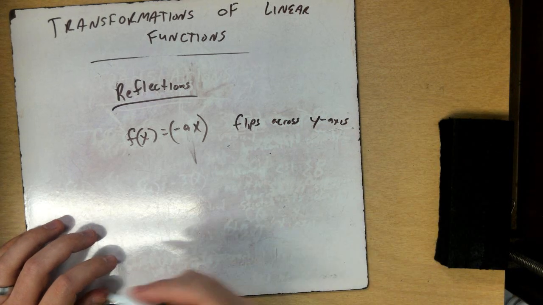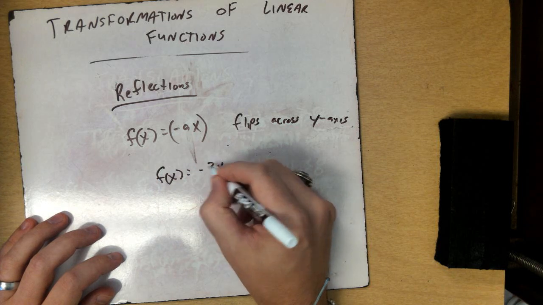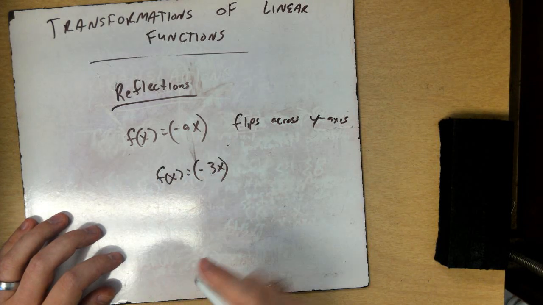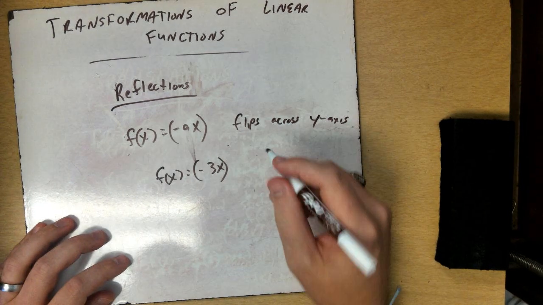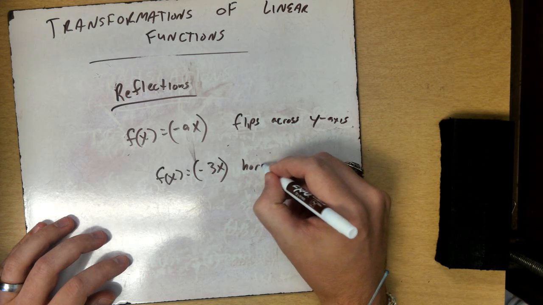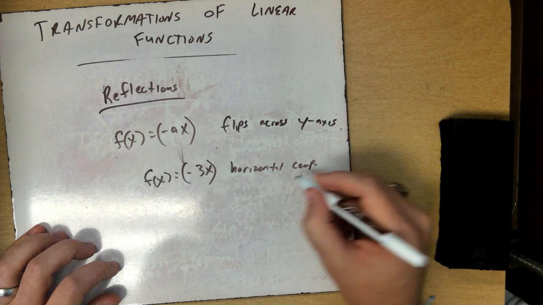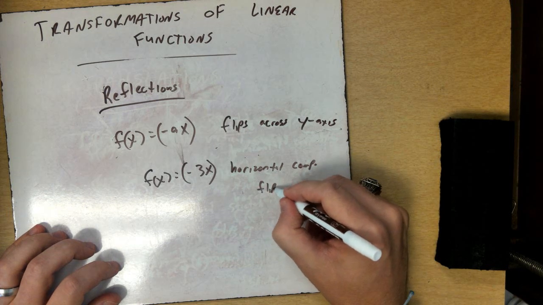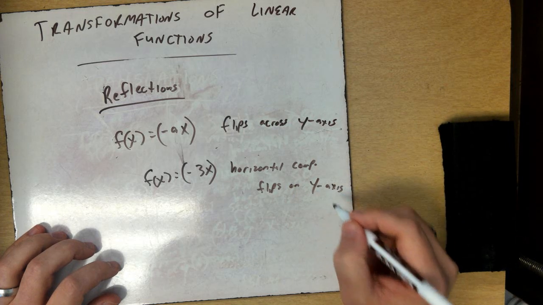So here, if we have this, right? So it's in everything in parentheses. Our A is bigger than 1. So we have a horizontal compression, and then flip on Y axis.